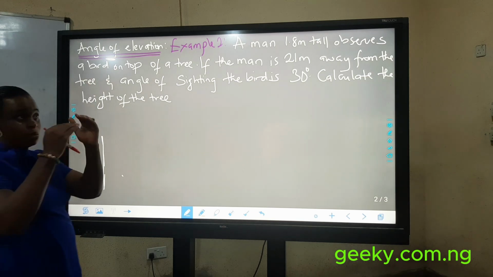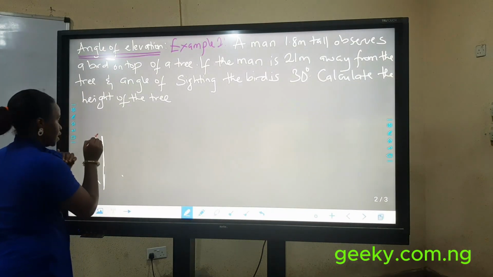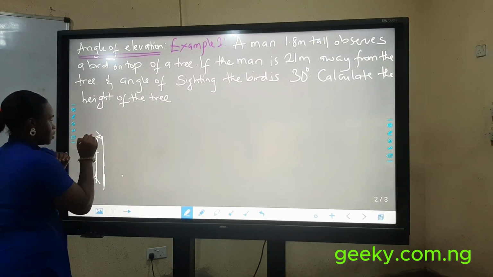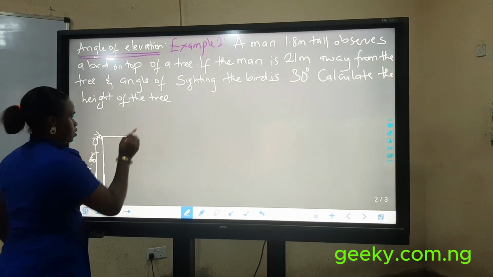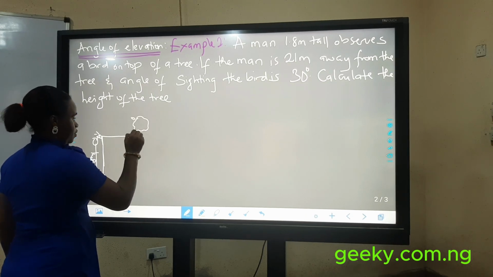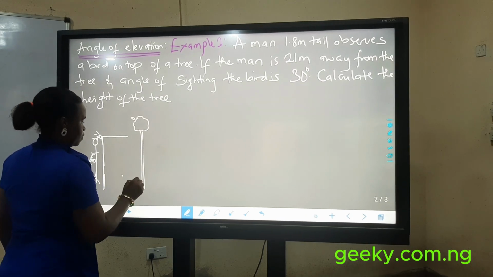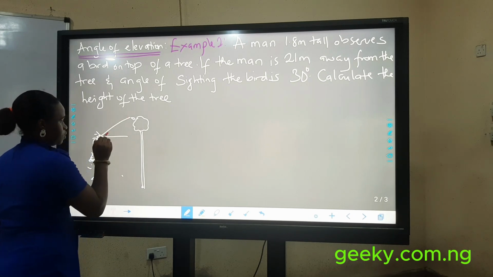So if he's observing a bird on top of a tree, it means he's elevating his eye. He's looking straight, this is his eyes. Then he observes a bird on top of the tree. So here is our tree, the bird here. So he observes the bird from the top of the tree.